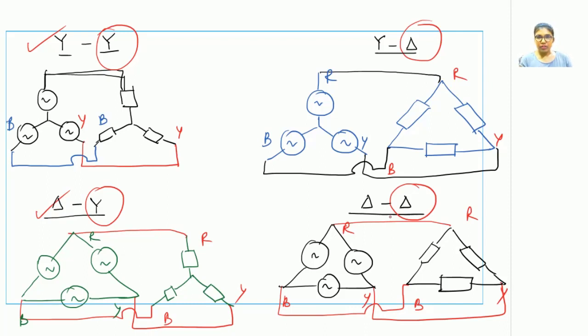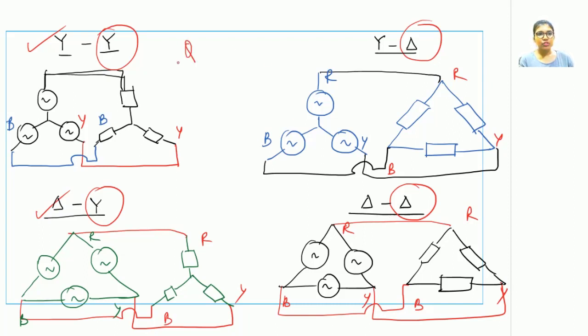Now in your exam, mostly the connection of the loads will be given to you, whether the loads are in star or in delta. As long as there is no mentioning of the source connection in the question, you should not bring the source into the picture. I am repeating this part again.